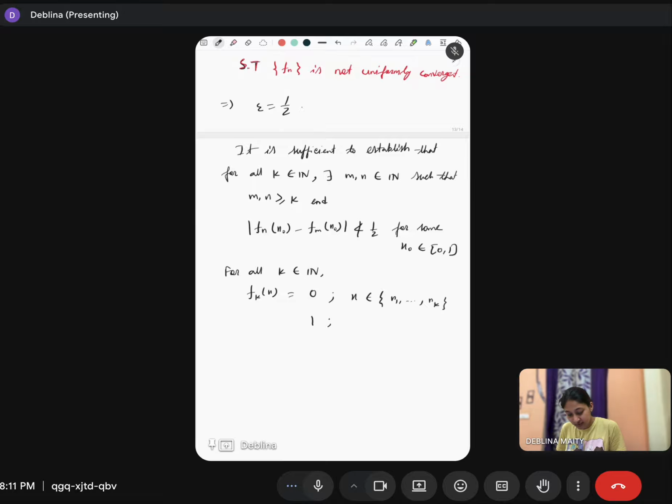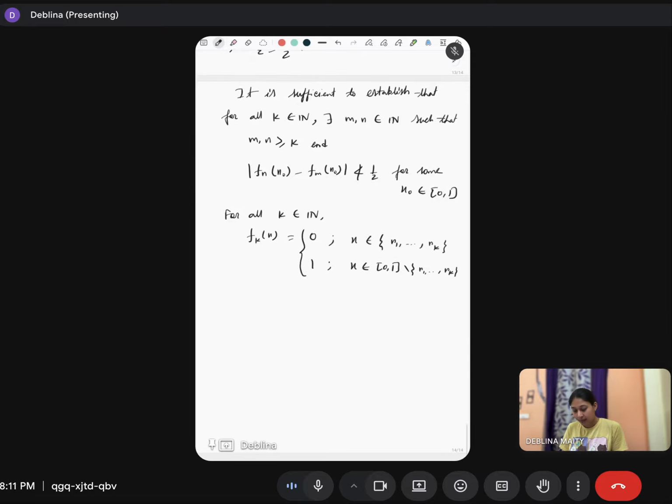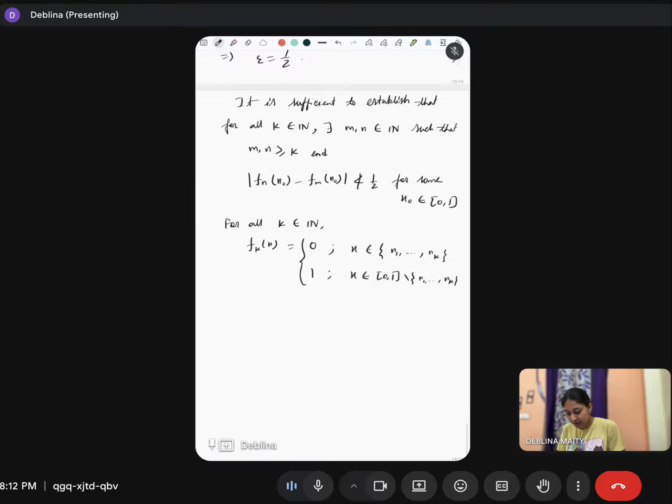This means if x belongs to [0, 1] minus {R1, R2, ..., Rk}, then it is 1, right? This is the fk function.